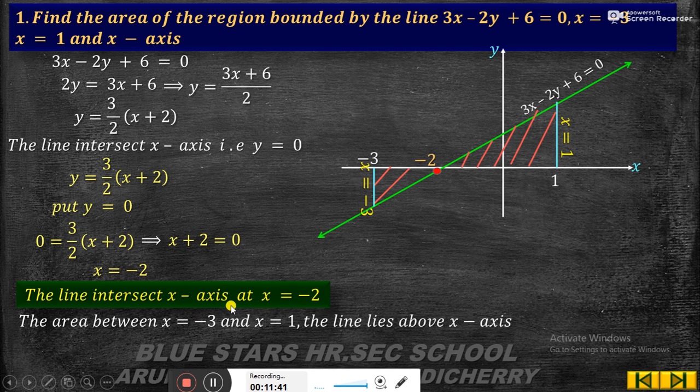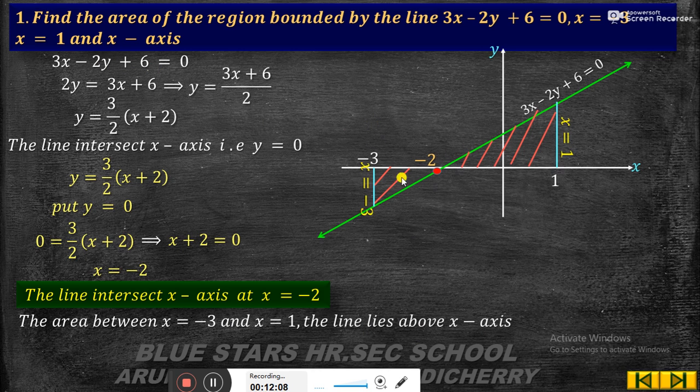So the line intersects the x-axis at x equal to minus 2, and now we calculate the area between x equal to minus 3 and x equal to 1. For x equal to 0, minus 2y equal to 6, so y equal to 3; the first point is 0 comma 3.